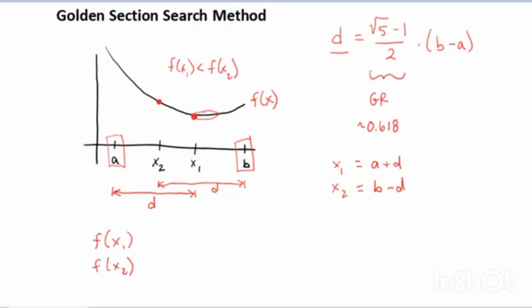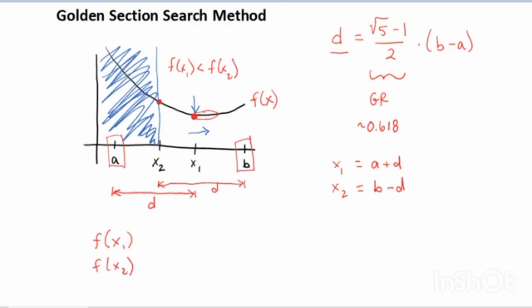What that means is that since f of x1 is less than f of x2, we know that the minimum cannot be here on the left. However, it still might be found over to the right of x1. But for this particular step, we will eliminate everything to the left of x2.